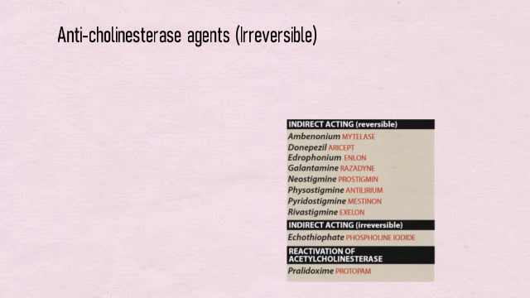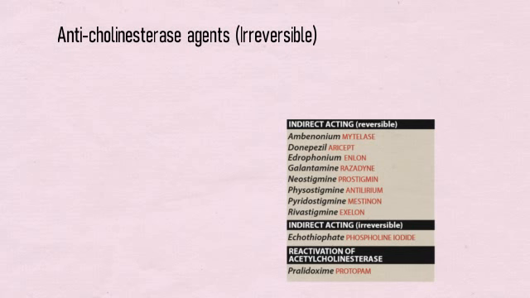To make it very easy, remember that in ecothiopate poisoning, if the patient reaches on time, before the covalent bond is formed, a reversal of this process can occur by giving an antidote, which is pralidoxime.